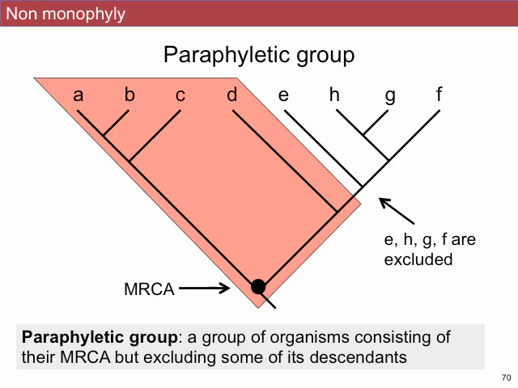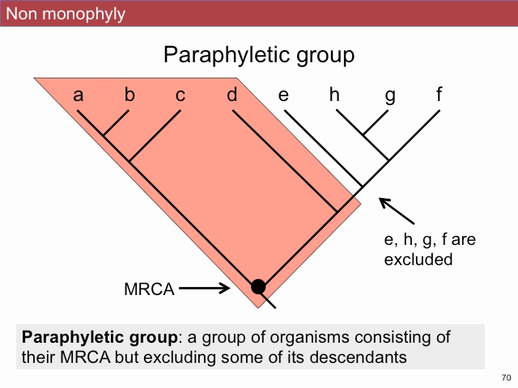So here's an example of one kind of non-monophyletic group. It's a paraphyletic group. And a paraphyletic group is a grouping of organisms where you include the most recent common ancestor of those organisms. So A, B, C, and D, we have a grouping, we include the most recent common ancestor, but some of the descendants are not included in that grouping.